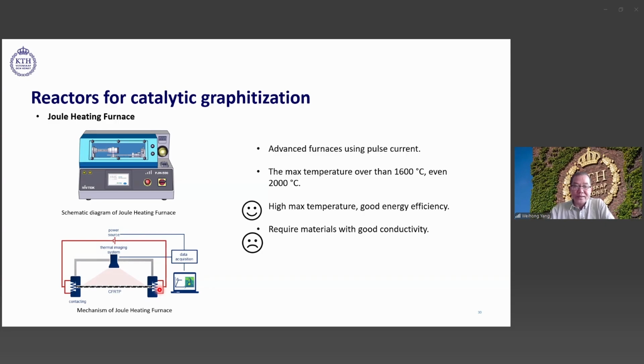Even today, synthetic graphite production still uses joule heating. But of course, today you have new ideas; you can try to make them better. Joule heating is quite fast, very efficient, and very high temperature can be achieved. But of course, the difference is that the material itself needs to have some heat conductivity.